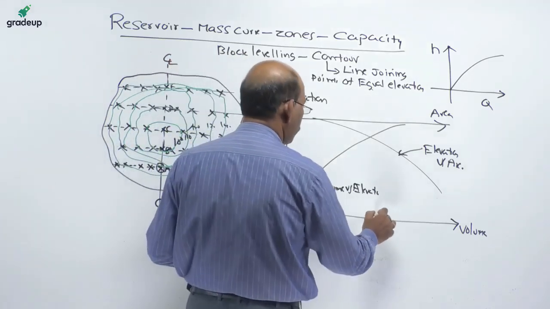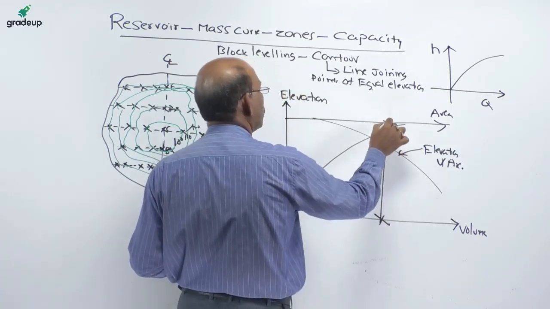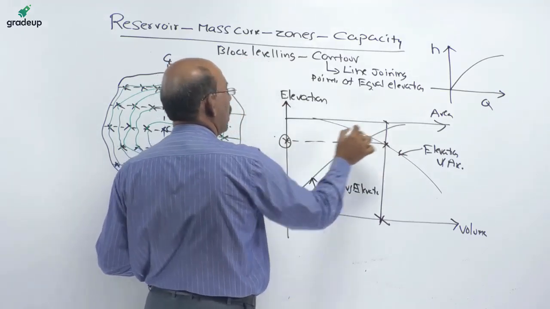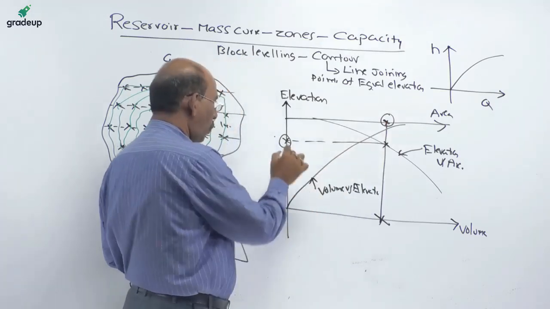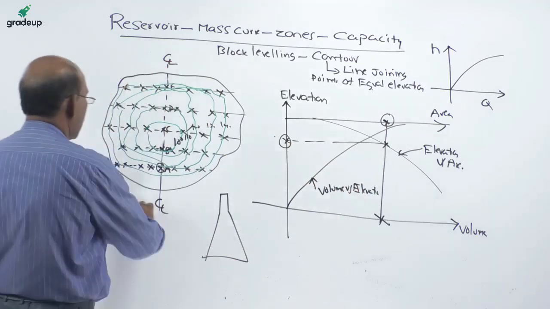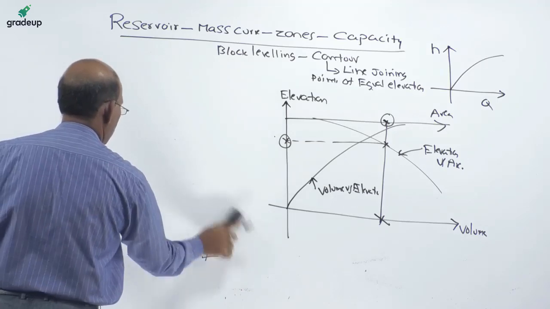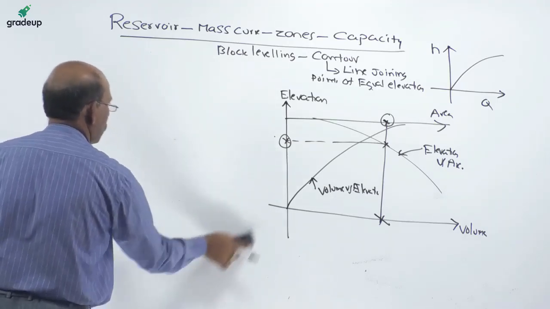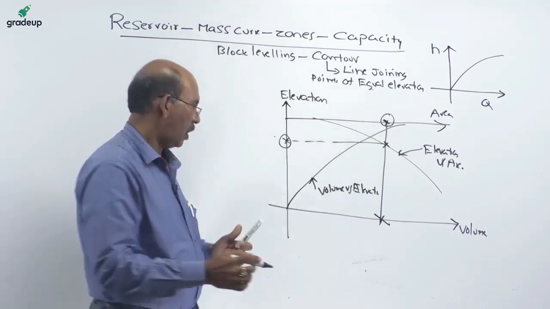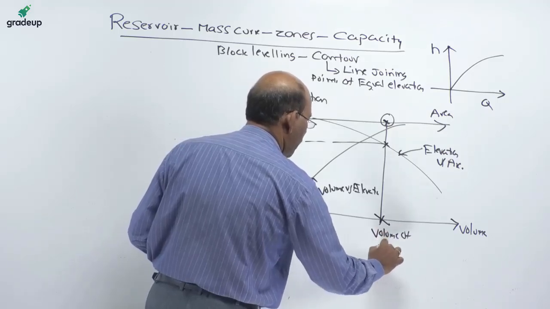So, for this volume, plot a line which gives this point and this area. With these two points plotted here, we get the result for storing our volume of water for irrigation.